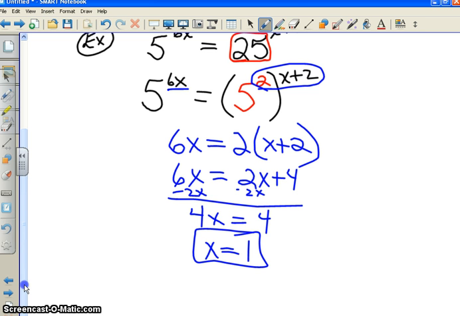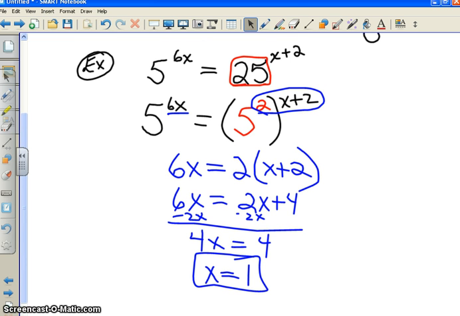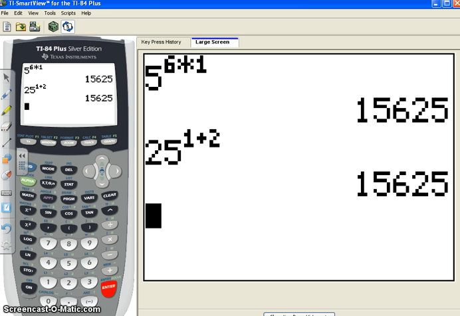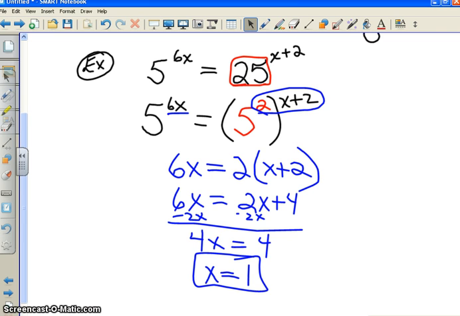Now remember, nice thing about equations is we can always check to make sure that's right. So is 5 to the 6 times 1 equal to 25 to the 1 plus 2? And abracadabra, there you go, 15,625 is what 5 to the 6th and 25 to the 3rd is equal to. So our x equals 1 value was correct. It does check out.